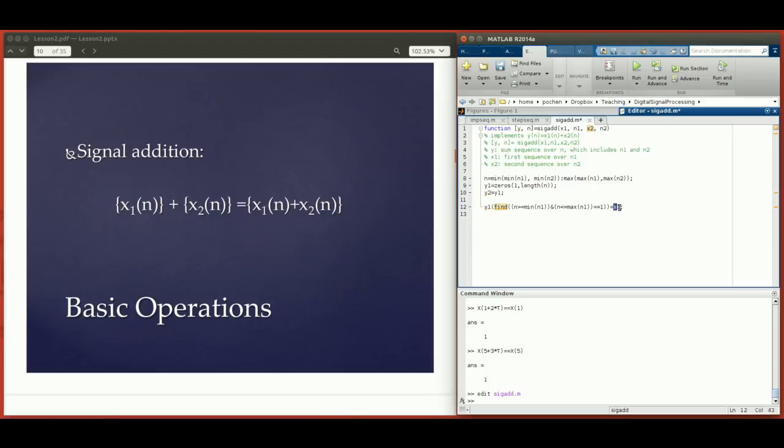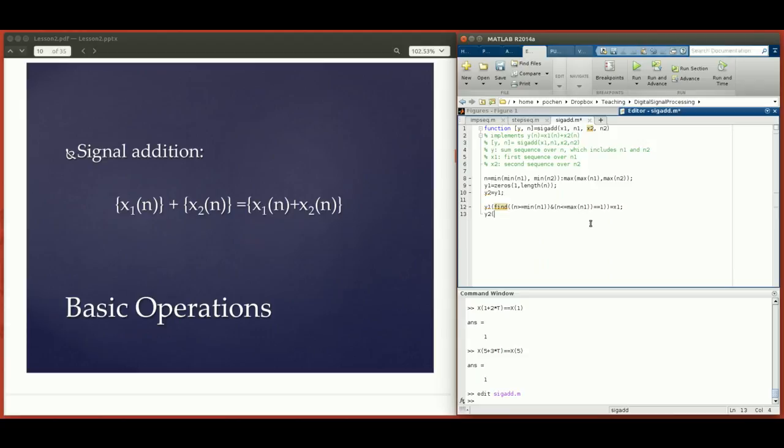So here I'm actually assigning x1 to a subset of y1. And the subset index is provided by this particular find command. And the condition that the find command uses is this composite condition: n must be larger than or equal to the minimum of n1, and n must be smaller than or equal to the maximum of n1. So that's going to be my y1. And you can imagine what my y2 is going to be.